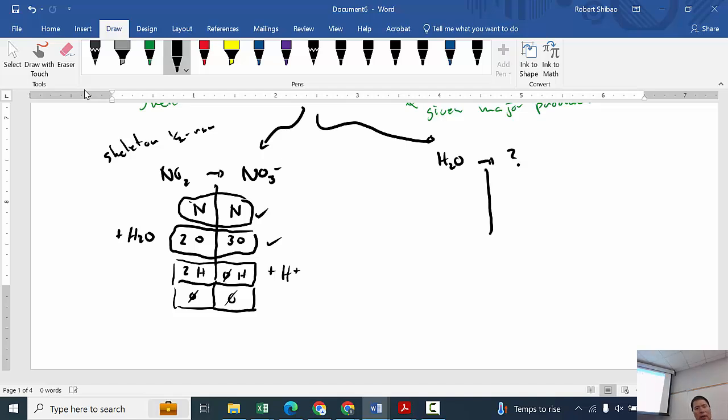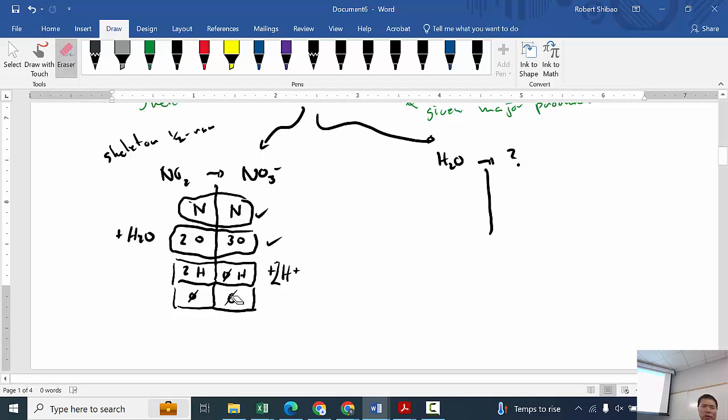And then I realized I did something wrong. How many hydrogens do I need? I need 2 H pluses, sorry. So this should have been 2 H pluses. And therefore it doesn't add up to 0. What does it add up to? It adds up to +1.